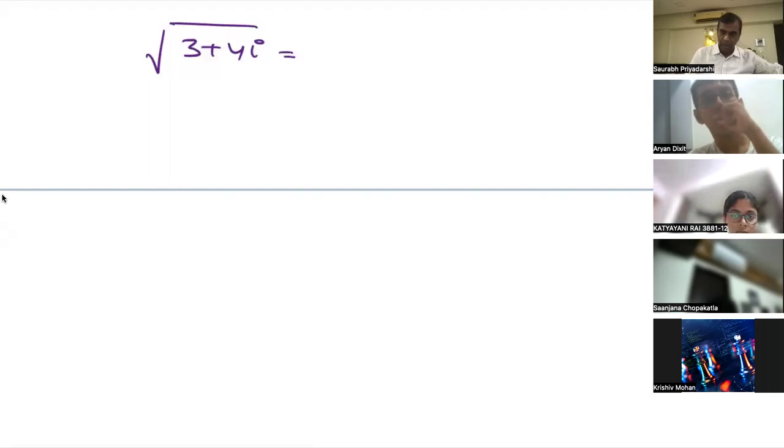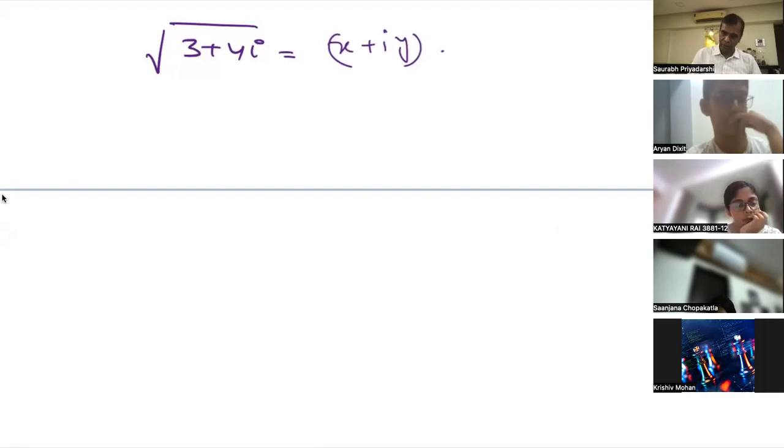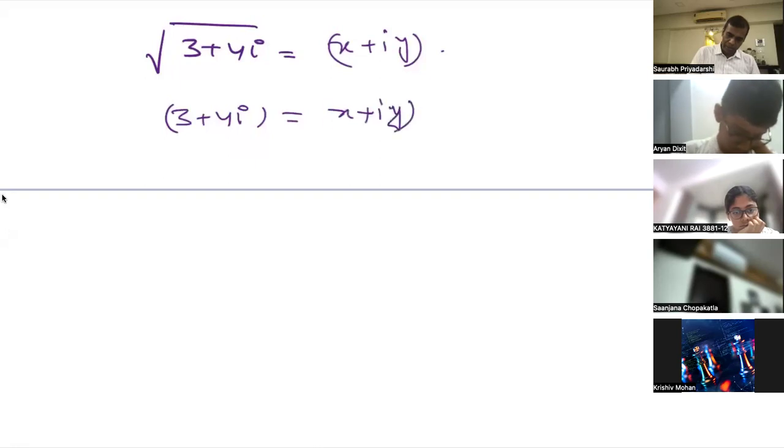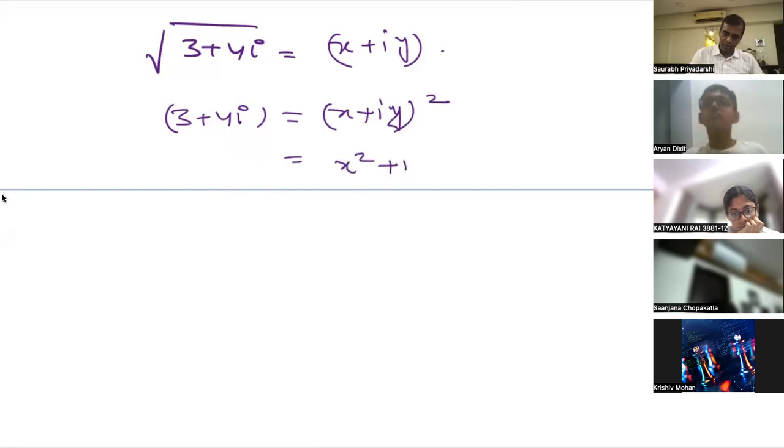See, in this question, you have to take this as x plus iy. Squaring both sides, we're getting 3 plus 4i is equal to x plus iy the whole square. So a plus b the whole square is x square plus iy the whole square plus 2x into iy.